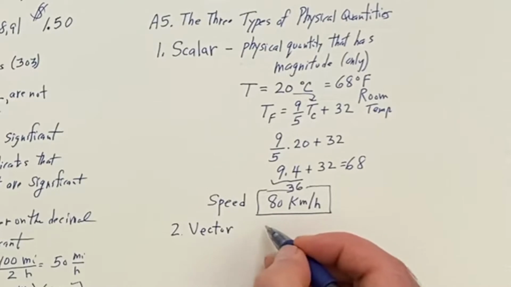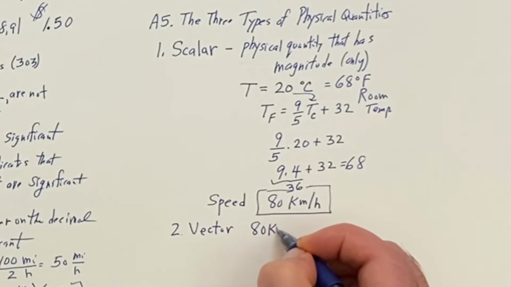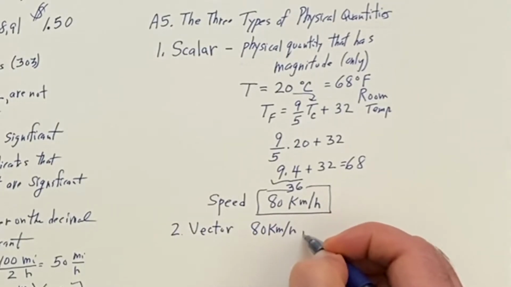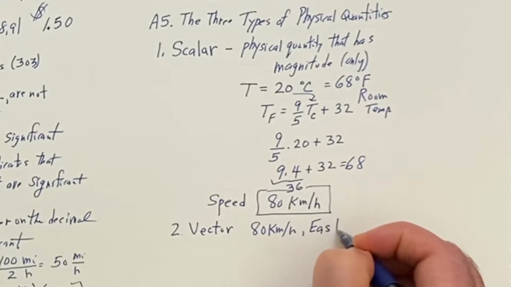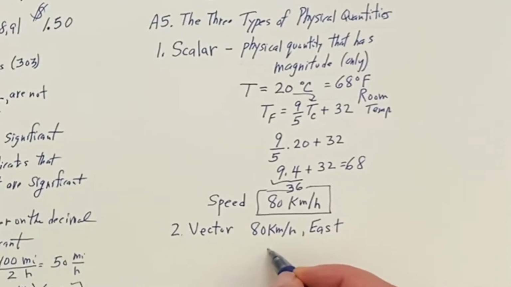For the vector, we would say 80 kilometers per hour, and I might just add east. And I could use a little arrow to designate that. Often what they do here is they make the arrow a length of, say, 1, 2, 3, 4, 5, 6, 7, 8, so that each notch would be like 10 kilometers an hour.